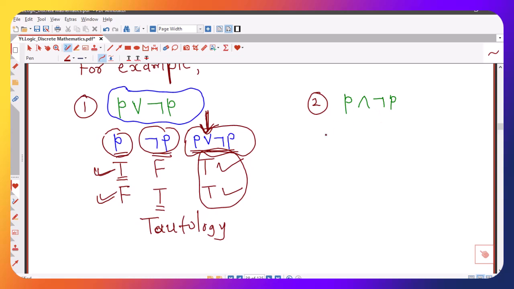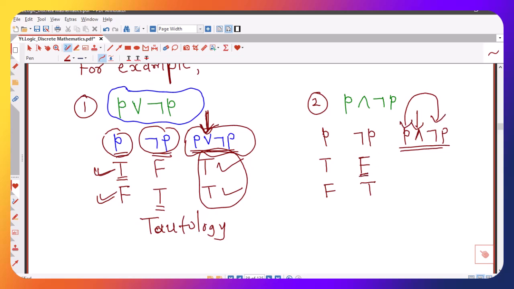We can check for the conjunction operator also. Here I will write P and negation of P. There are two possibilities, true and false. For negation we have the opposite: true then F, F then T. We know that the AND operator, that is the conjunction of two propositions, is true if and only if both the propositions are true.